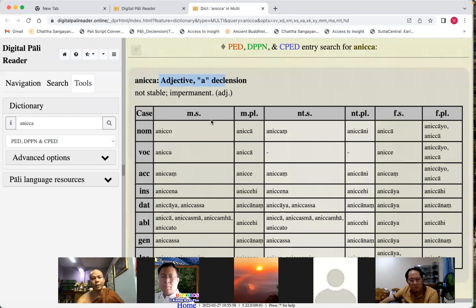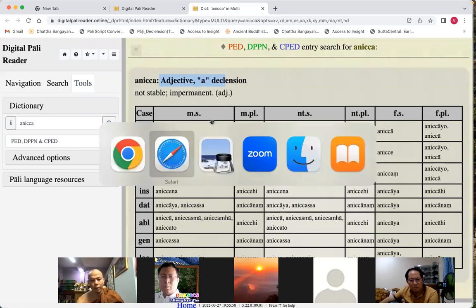But in Pali an adjective can also be used as a noun; we will see that later when we learn the adjective.